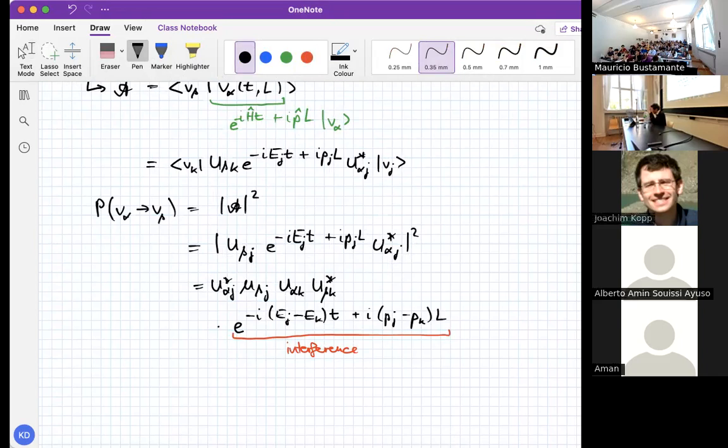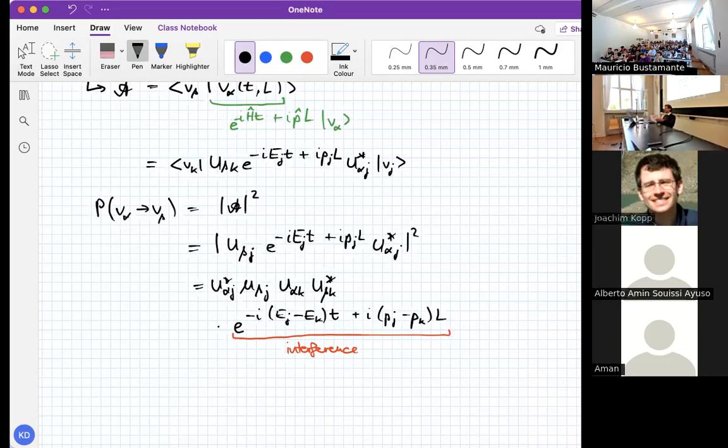Now you may ask, okay, I'm assuming here that my mass eigenstate J and my mass eigenstate K have different energies and momenta, and in a sense that's perhaps intuitive because they have different masses, so their kinematics will be different in the production and detection process. However, normally only states with identical energy and momentum can interfere. So what's happening? What comes to the rescue here is the Heisenberg uncertainty that is intrinsic to any neutrino oscillation experiment, simply because when we want neutrinos to oscillate, we need to know how far they've been traveling.